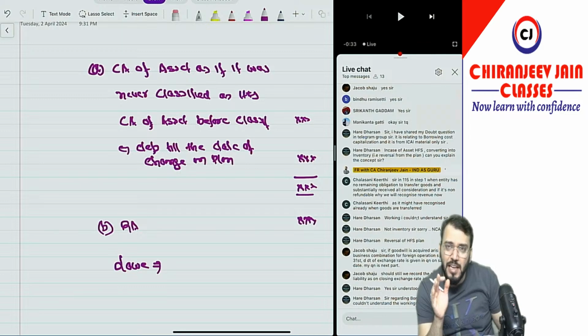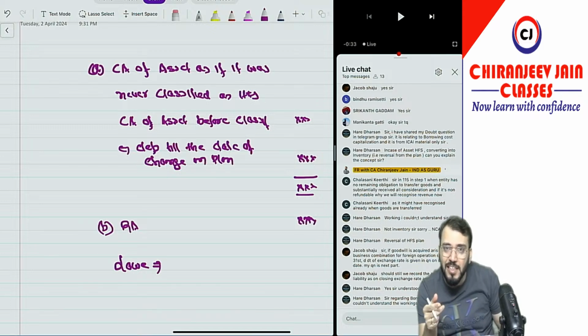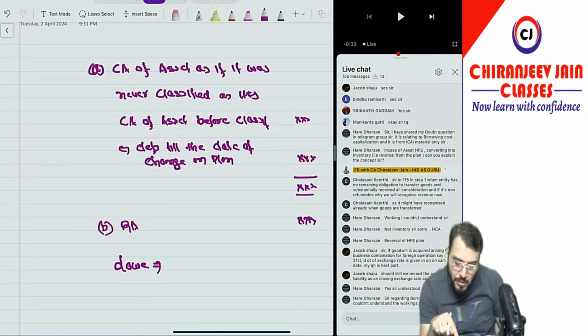Just try to understand, any foreign operation, translation needs to be done as on 31st March. We need to calculate goodwill first on the date of acquisition. Then that goodwill will be translated using the closing exchange rate on the reporting date. Understood?